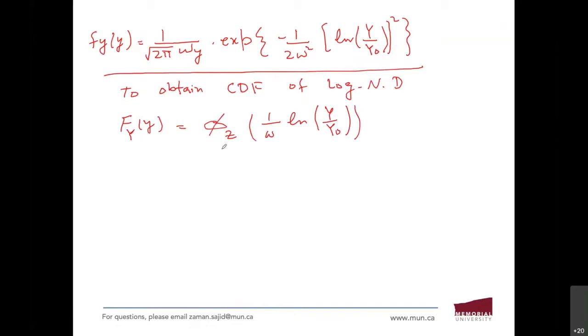Okay, now this thing is the same as we were discussing in our last term, that is the standard normal distribution. And how do we obtain this? From the tables. Now this is what we get from the tables.